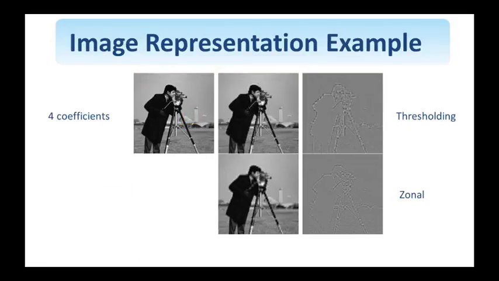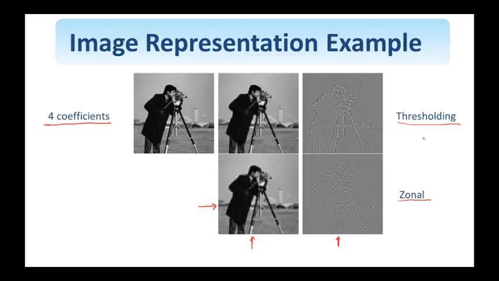We conduct the same experiment where now only 4 coefficients out of 64 are kept, and here's the result of thresholding, zonal. In this case, the same comments can be made as before, but I believe it's clearer here that the zonal approximation results in a larger error if we look at the intensity image or at the error than the method using thresholding.